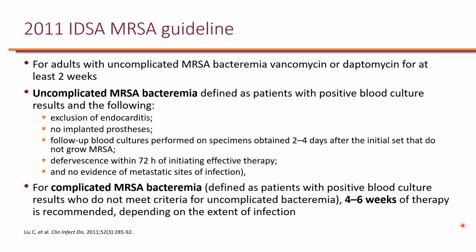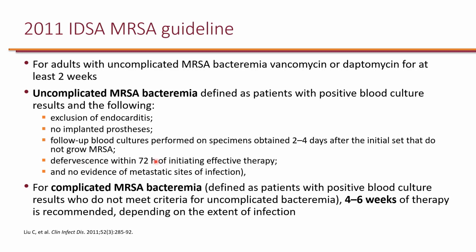And the definition of uncomplicated MRSA bacteremia is someone who does not have endocarditis, there are no implanted prostheses, so no hardware, follow-up blood cultures performed on specimens obtained 2 to 4 days after the initial set that do not grow MRSA, so there should be a negative culture within 2 to 4 days, and defervescence within 72 hours of initiating effective therapy.